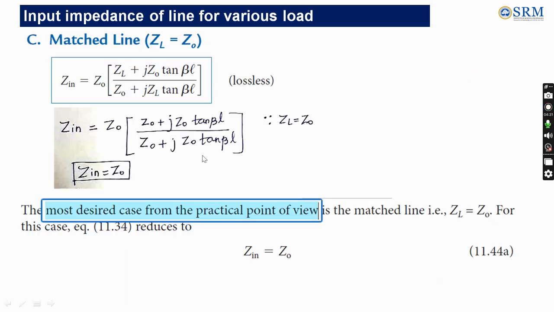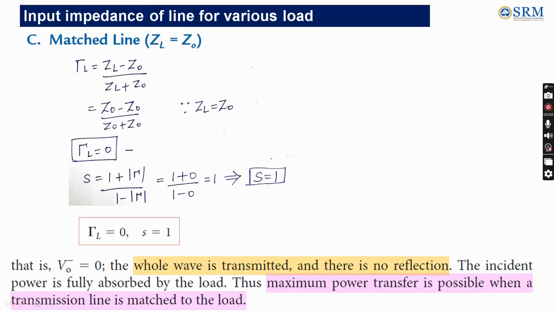Now let us find it for the matched condition. For a matched line, ZL equals Z0. If we substitute that condition, we get the reflection coefficient as 0. Substituting for VSWR, we get 1 plus 0 divided by 1 minus 0, which is 1. So the reflection coefficient is 0 and VSWR is 1. What is the meaning? That means there is no reflection.